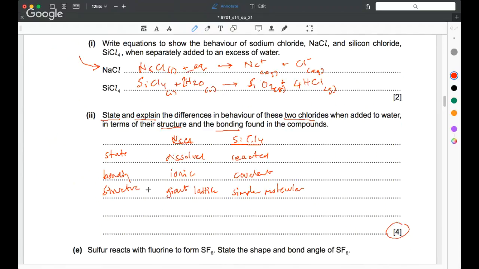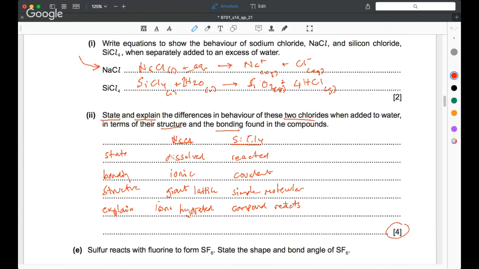One was dissolved, one reacted. We've talked about the bonding and the structure, and we've got to explain, that was the last thing, wasn't it, for our 4 points. And you could just say here that the ions in sodium chloride are hydrated. And here you're going to say that the compound reacts.